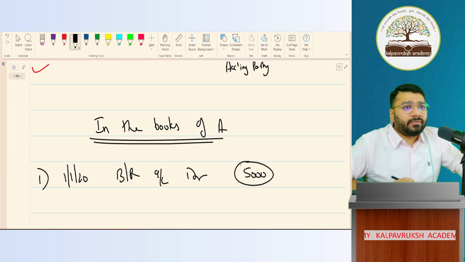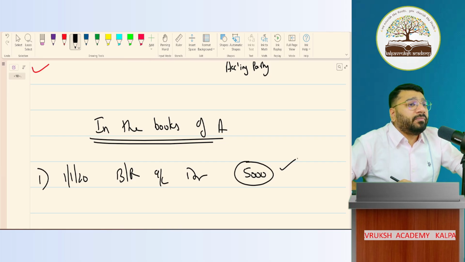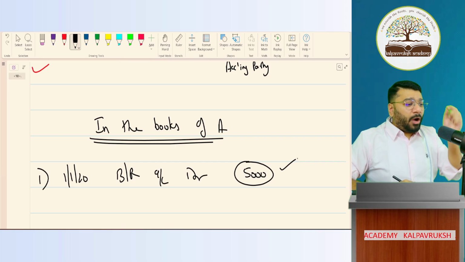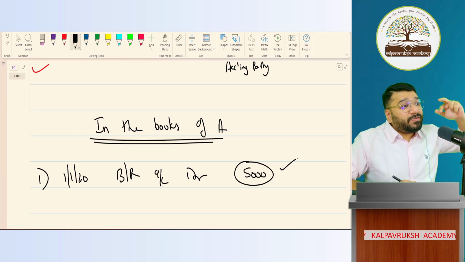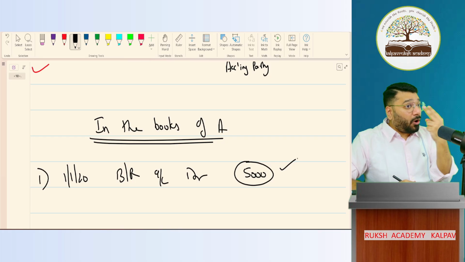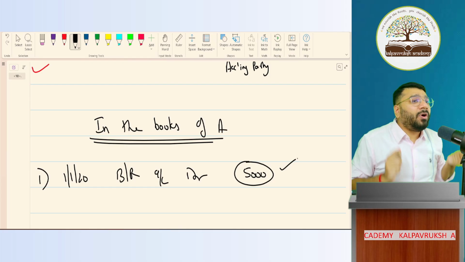Is it my own money? No. I've borrowed this money from whom? B. BR is as good as money only, no? Like how cash is used for making payment, BR we also use to make the payment, no? That's why we endorse the bill to the creditor. The creditor is also accepting. Why? Because according to the creditor, cash and BR are both the same. Got it, not got it?